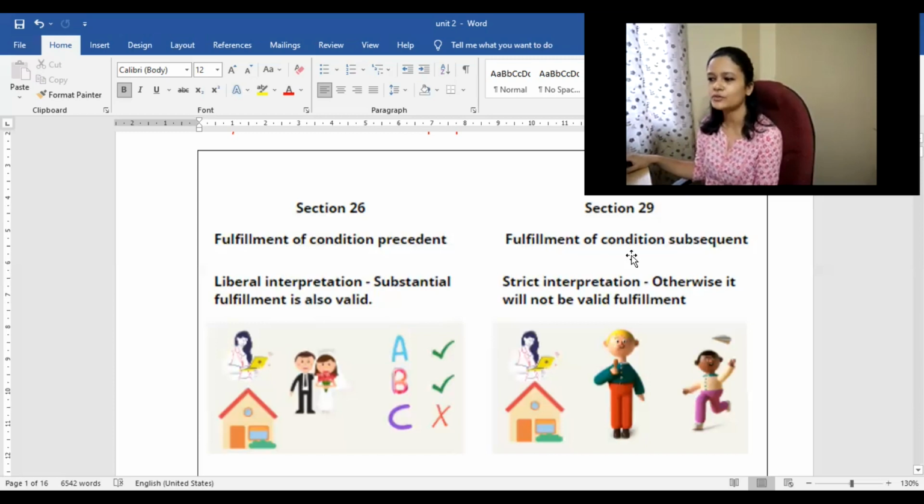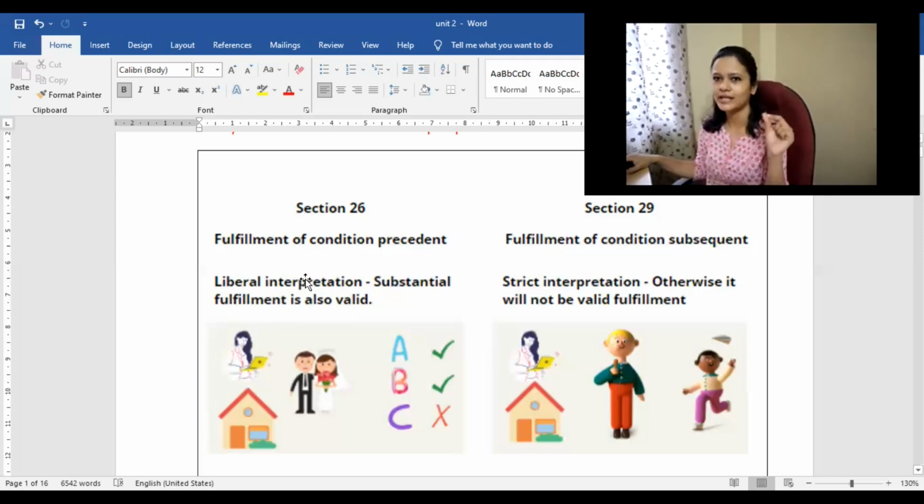Now there are two provisions with regard to interpretation of statute here. Regarding condition precedent, which we need to fulfill before the transfer may take place, liberal interpretation is being followed. Liberal as in we are not that much restricted.